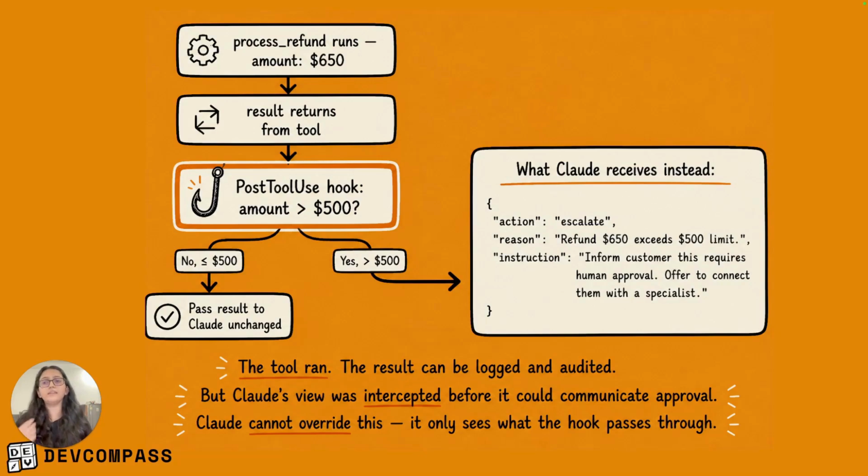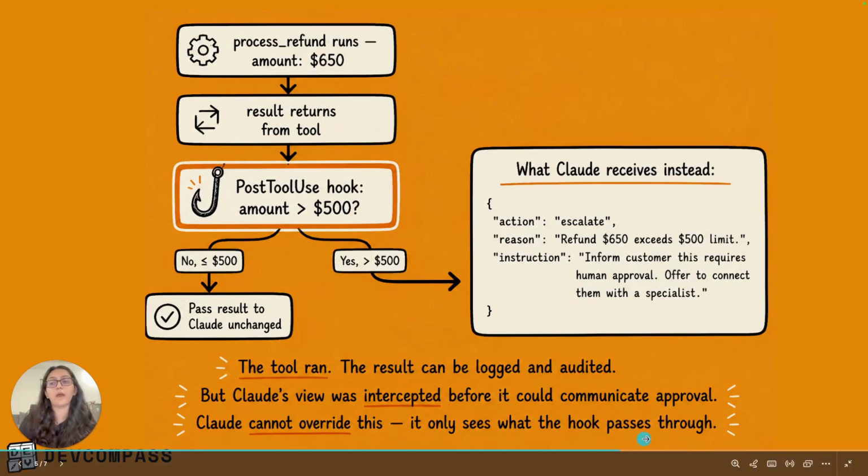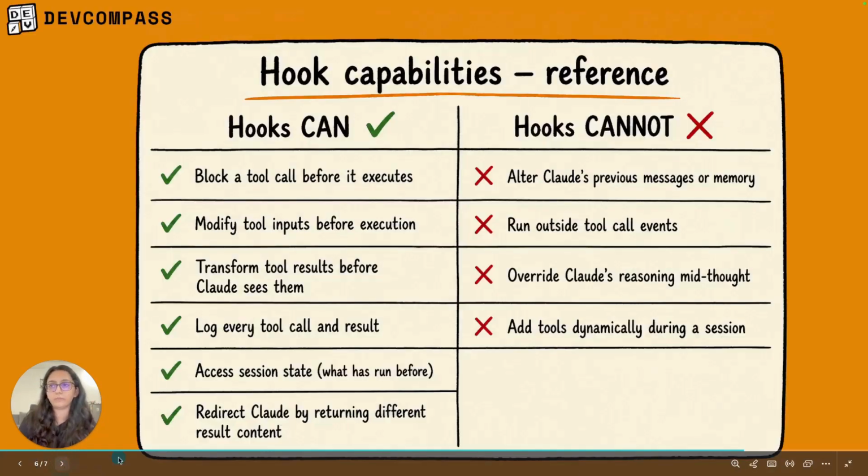The state change can be logged, audited, or tracked, but Claude's view of the result was intercepted before it could communicate approval to the user. And Claude cannot override this. It only sees what the hook passes through, and this is something that we have to keep in mind.